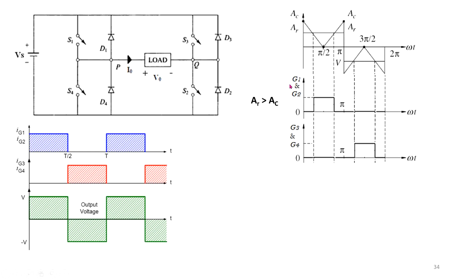This is the pulse to the switches G1 and G2, S1 or S2 you can say, and you have already seen the output due to this inverter. What will happen?